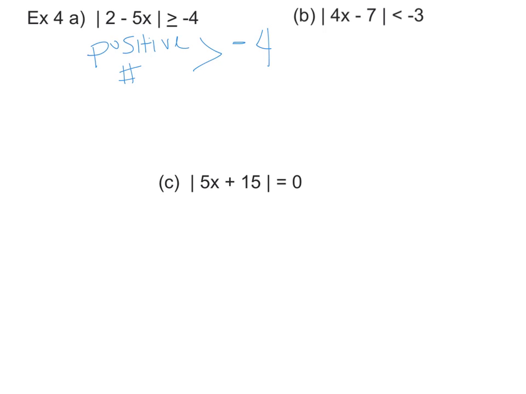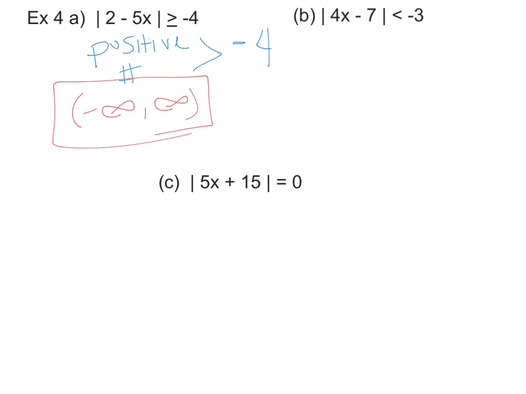The positive is always greater than that negative. So our answer for this one is all real numbers. And you can write all real numbers in interval notation as negative infinity to positive infinity. Cool. Let's do this next one.